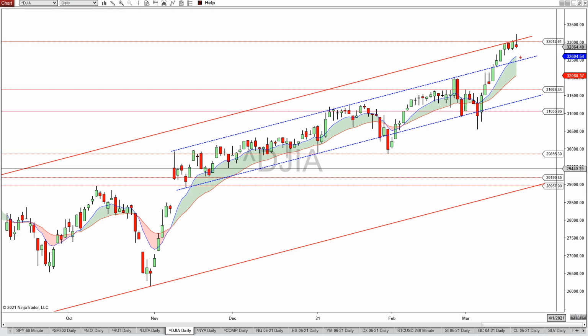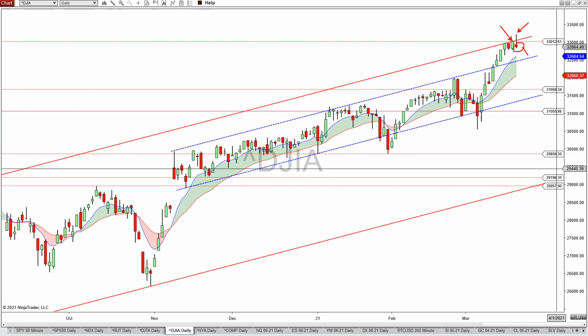And here, looking at the Dow Jones Industrial, we see the same price action as the Dow Jones Transportation. It was at an all-time high for the morning session, and then kind of pulled back as the day progressed. And right now it closed near the low of the day, right? And also underneath the all-time closing high of 33,012.61.